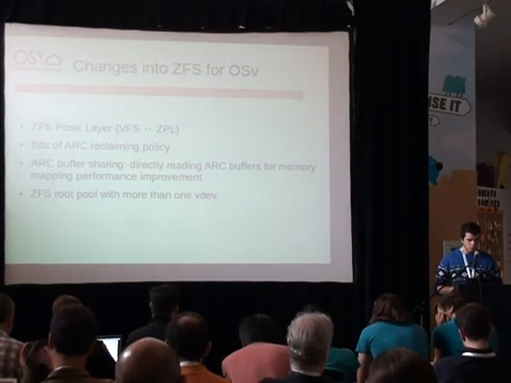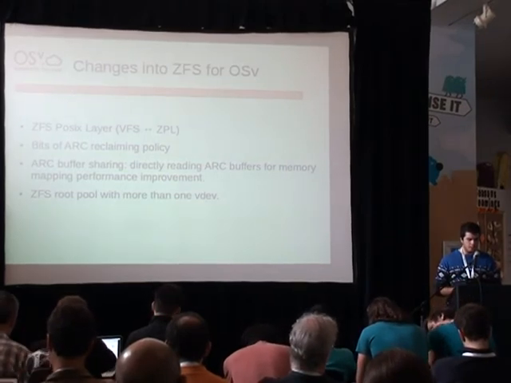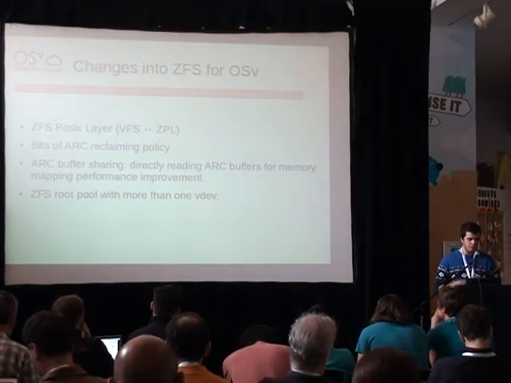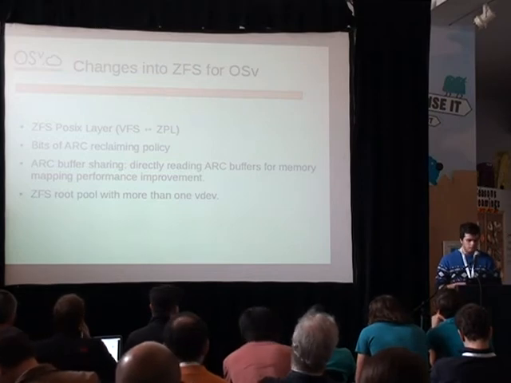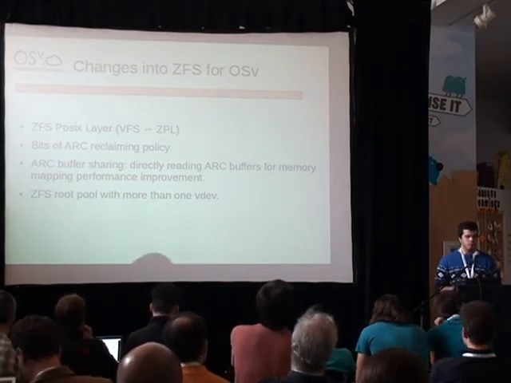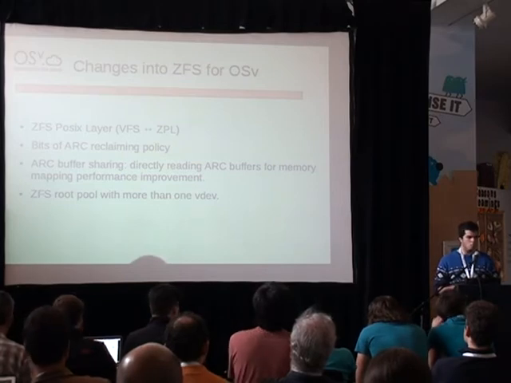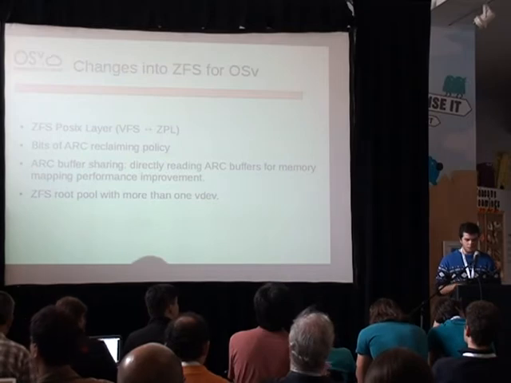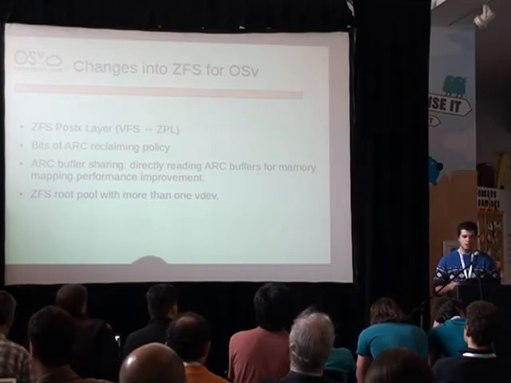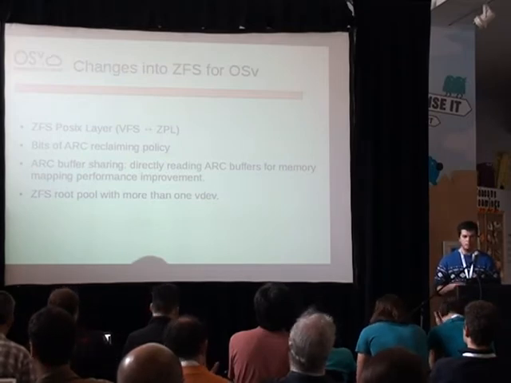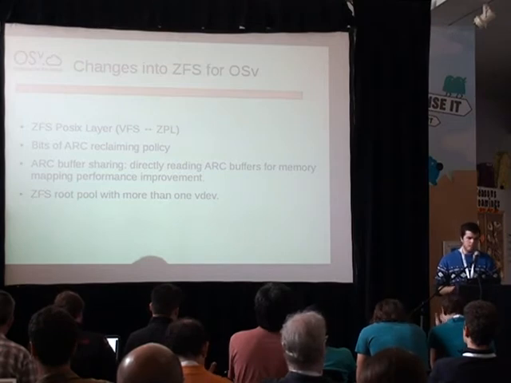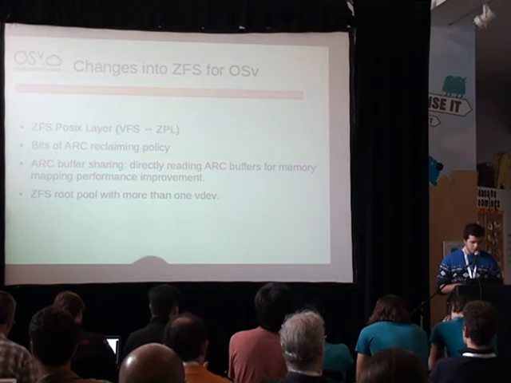One change that I was working on myself was to allow the ZFS boot pool to boot with more than one dev. If I'm not mistaken, you cannot have the root pool with more than one dev during the import. So I just had to go to the SPA, which is the storage pool allocator module from ZFS, and there is a function specifically for importing the root pool.